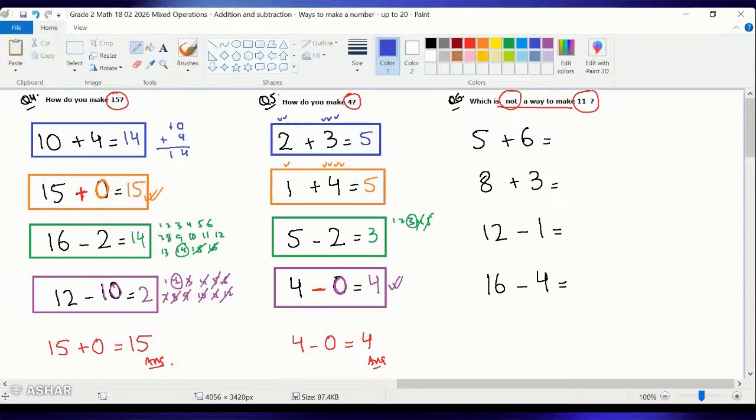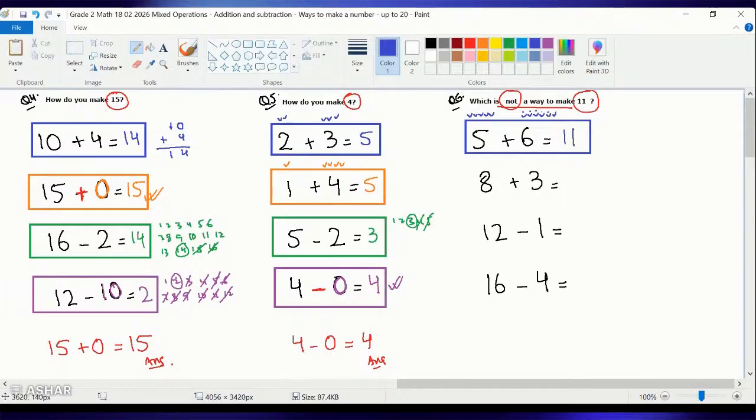5 plus 6 should mean we have, let's suppose 1, 2, 3, 4, 5. 1, 2, 3, 4, 5, and 6. 5, 6, 7, 8, 9, 10, and 11. That's an 11, right?